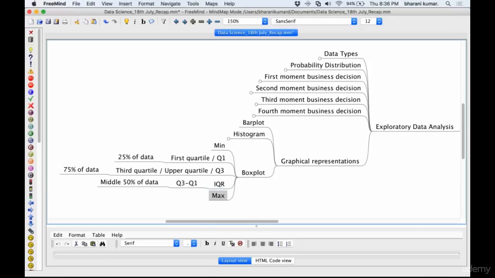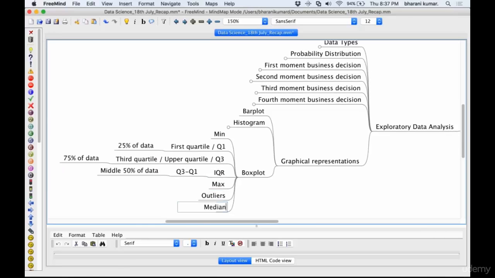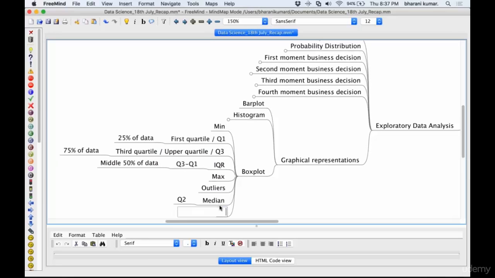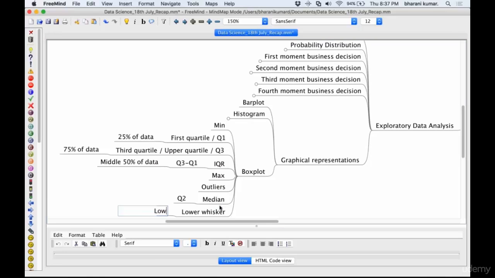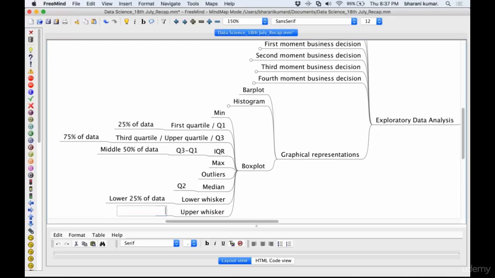And you'll have the maximum value, outliers, and median. Median is sometimes also called Q2. And you'll have the lower whisker and the upper whisker. Lower whisker has lower 25% of data, and your upper whisker has upper 25% of data.